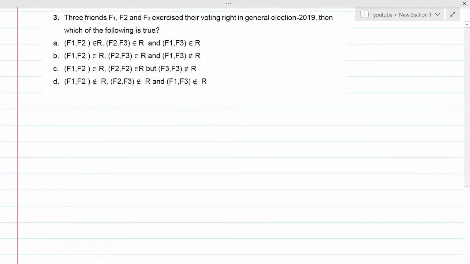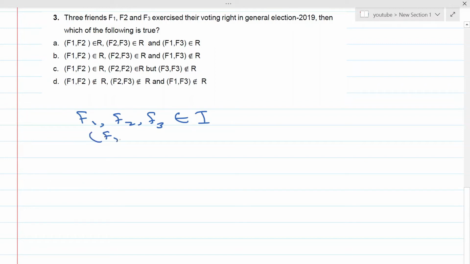Now the third question in the same case study is, if F1, F2, F3 exercise their voting rights, then which of the following is true? That means F1, F2, F3 all belong to our set I, and any pairs would belong to the relation.